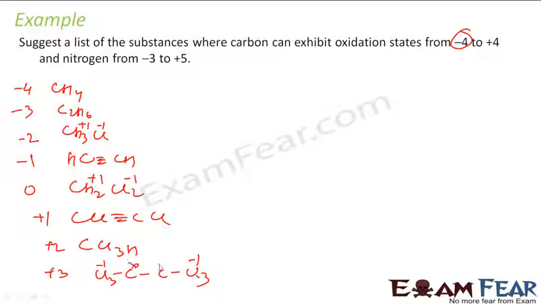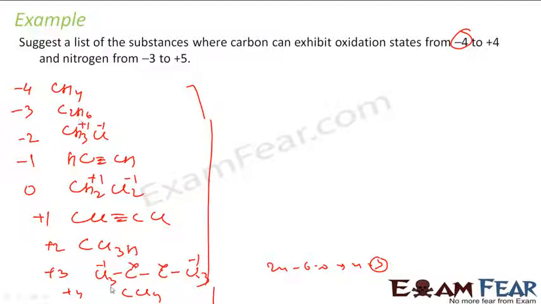If you make carbon x, you get 2x minus 6 is equal to 0, so x is equal to 3. Similarly, for plus 4, it is pretty simple: you make it CCl4, you get plus 4. Just by playing with hydrogen and chlorine, you can get all the oxidation states of carbon from minus 4 to plus 4.